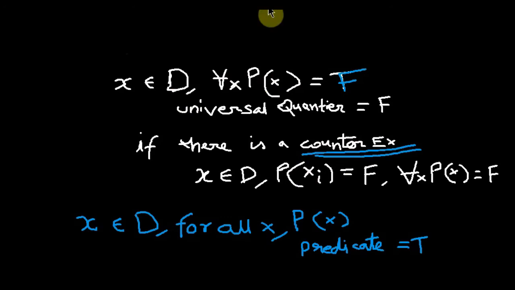So let's look at some example. Let us take an example. Let's say my x is a real number, so x belongs to the domain of real numbers, normally represented as R. Real numbers are all regular numbers, including rational numbers, irrational numbers, whole numbers, negative, positive, fractions.